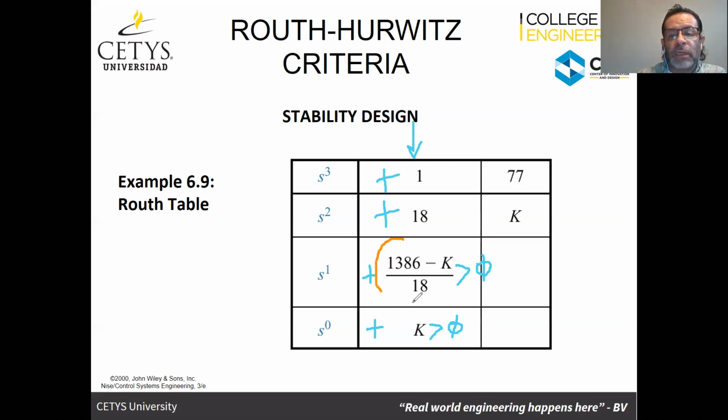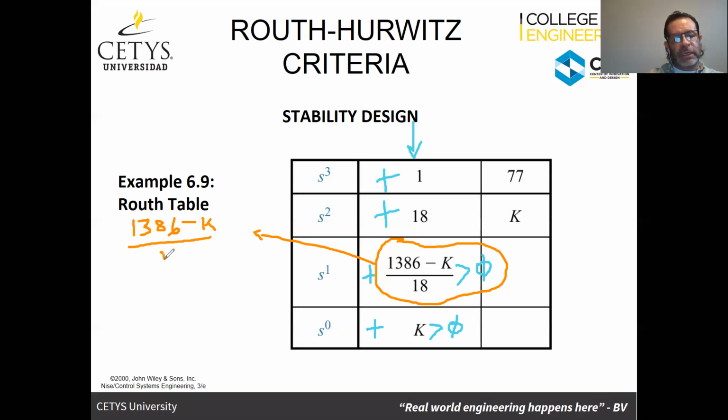Okay, and so if I grab this inequality and I solve it, remember solving inequalities, 1386 minus k divided by 18 has to be larger than 0.